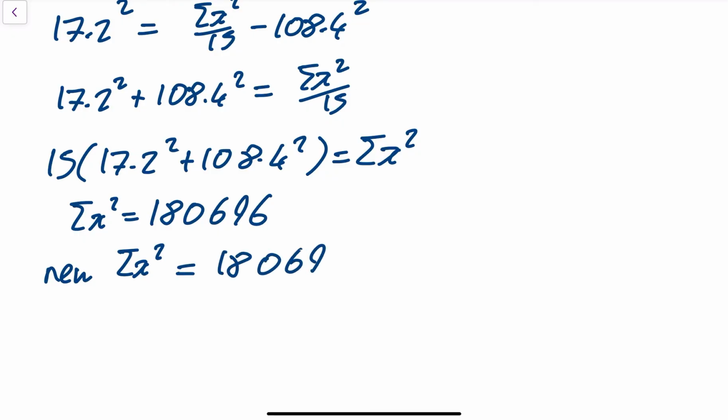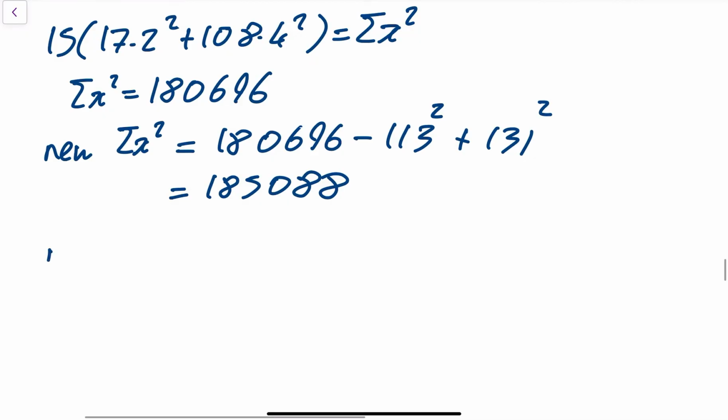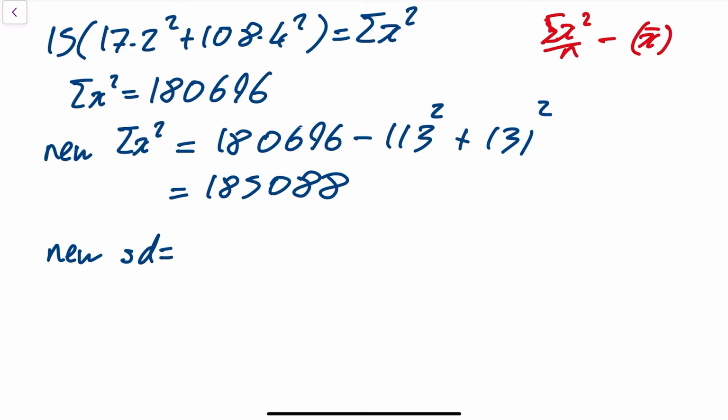And that means your new sigma x squared, that was my old one. So we're going to take away your original value and add in your new value, but be very careful. You're actually taking away your original value squared and adding in your new value squared. And when you do that, you will get 185088. So that means your new standard deviation, remember what we're doing here, sigma x squared over n minus the mean squared.